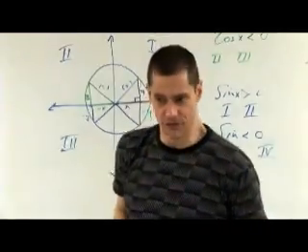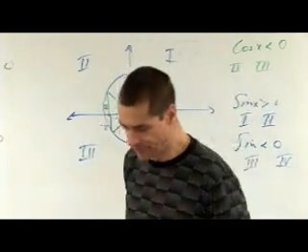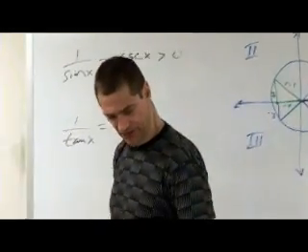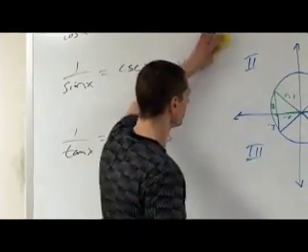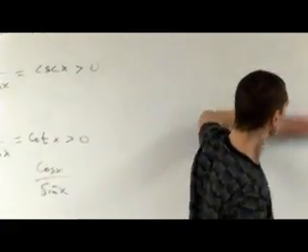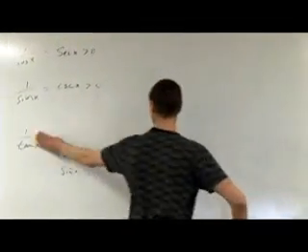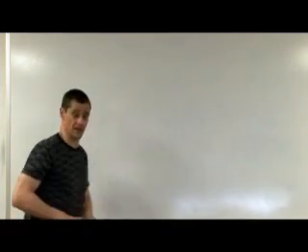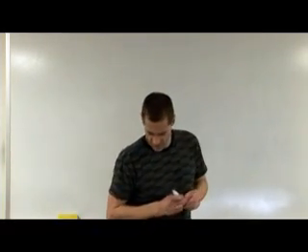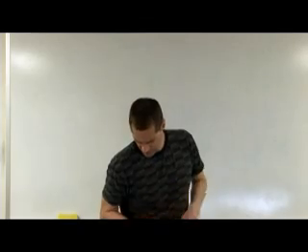Okay, so we are going to define all 6 trigonometric functions at a certain point. And I'll show you what I mean. And you'll definitely want to be feeling comfortable with this. So I'm going to draw up a nice picture.